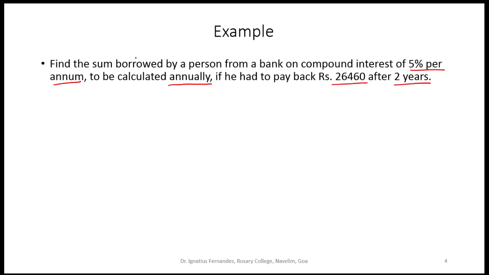So we are finding the sum borrowed, so we are finding P here, by a person from a bank compounded at 5%. So P is what we are finding. R is equal to 5%. To be calculated on annual basis, calculated annually, so K is equal to 1. If he had to pay back rupees 26,460, this refers to the total amount he is paying after 2 years.